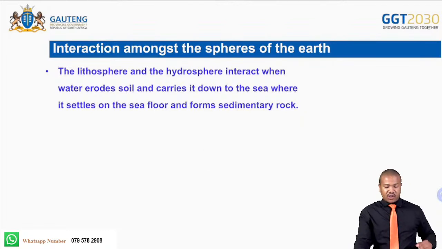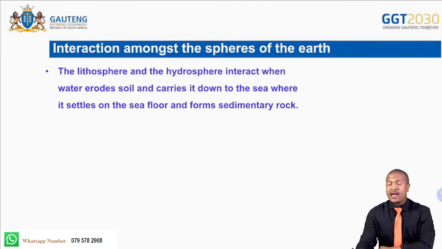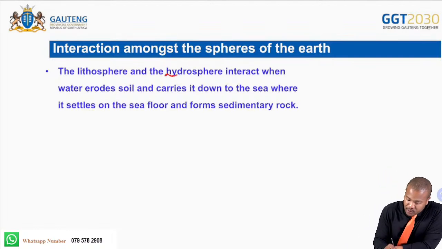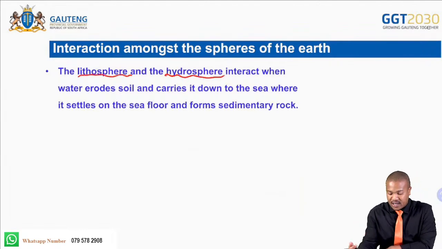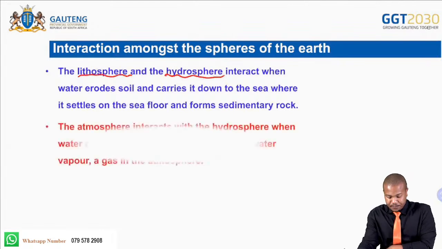Right. So the lithosphere and the hydrosphere interact when the water, right? We're talking about hydrosphere, all the waters, and lithosphere, all the solid rocks and soil, right? They interact when the water erodes the soil and carries it down to the sea where it settles on the floor and forms sedimentary rock.